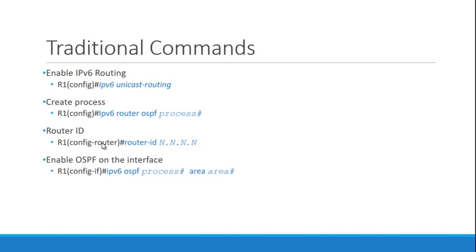Remember, it's optional if you have IPv4 addresses on that router, but since we're not going to, we have to configure it using the router-id command. Lastly, we enable OSPF on the interfaces that we want to participate using the ipv6 ospf process number area area number command.